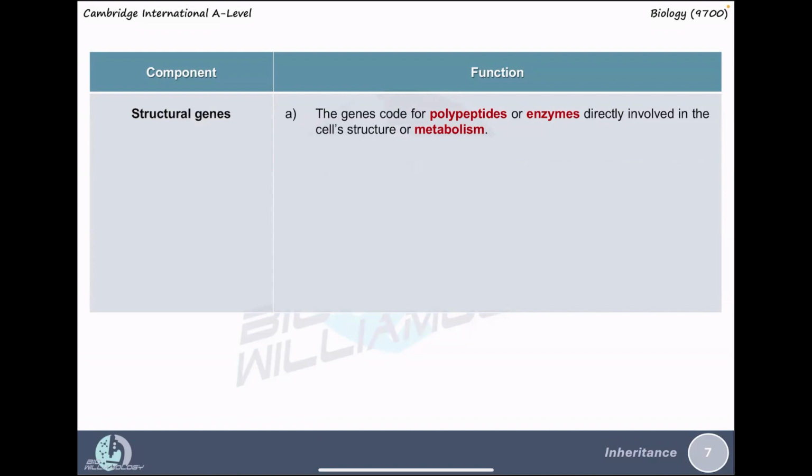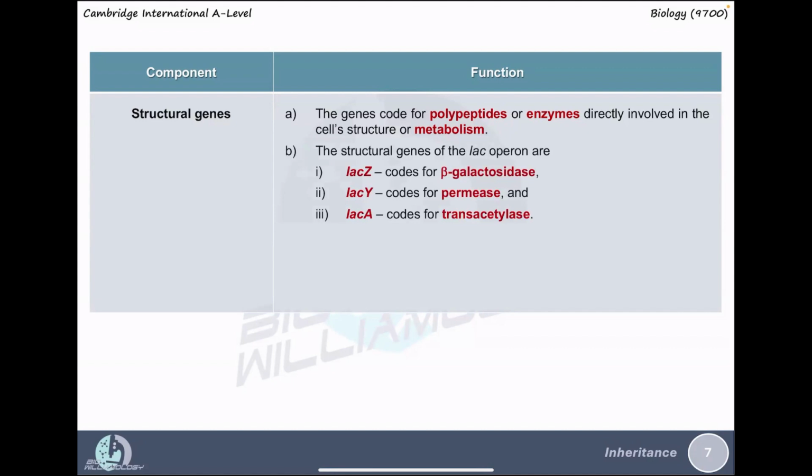So please bear in mind that structural genes are the genes that code for polypeptides or enzymes directly involved in the cell structure or cell's metabolism. The structural genes of the lac operon are lacZ, which codes for beta-galactosidase, lacY codes for permease, and lacA codes for transacetylase.